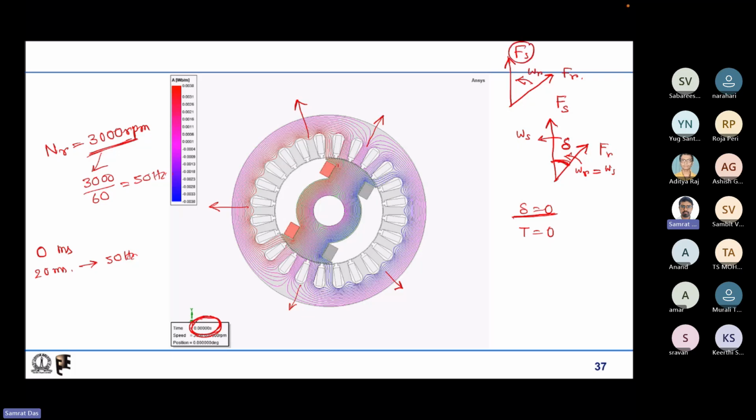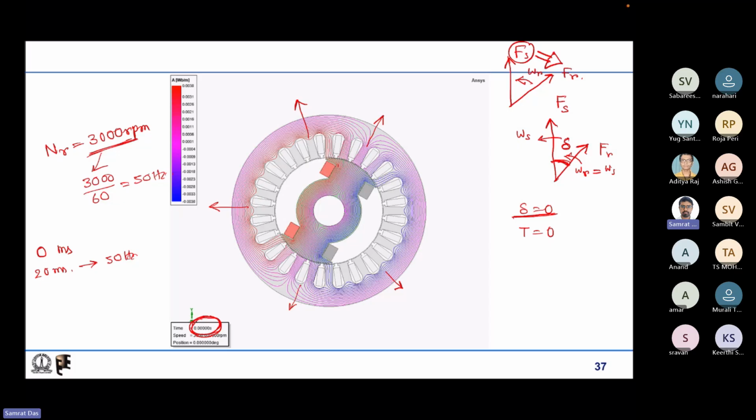Fs is leading Fr. Then power transfer is happening from stator to rotor, that is, it is motoring. Electrical energy is injected from the stator and converted into mechanical energy, making the rotor rotate.